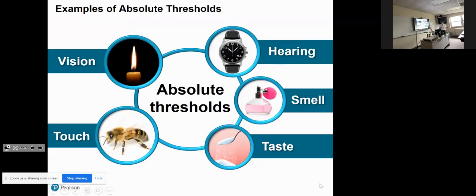They're big, they're heavy, and you can just kind of feel that because they activate more touch receptors than maybe a smaller gnat or mosquito here in West Virginia. Okay. Vision, we talked about what absolute threshold would be. Hearing, maybe a faint ticking in the background isn't enough to get our attention, but a grandfather clock would, right?